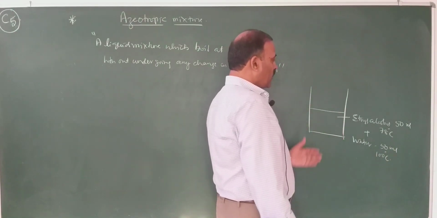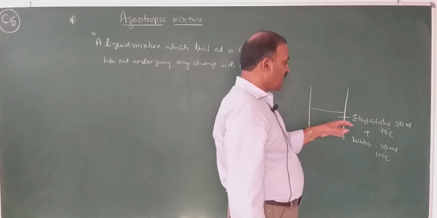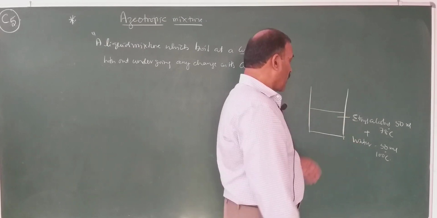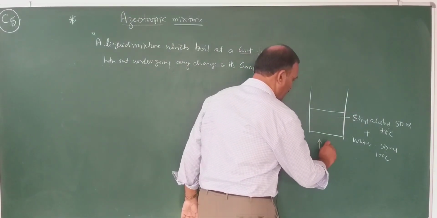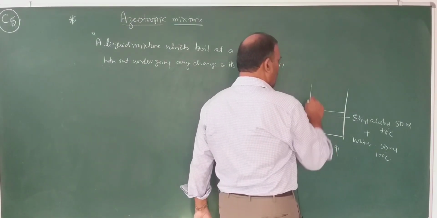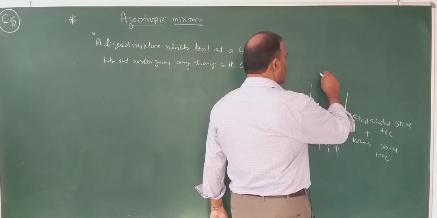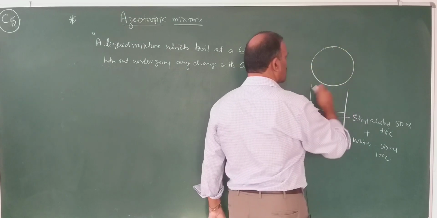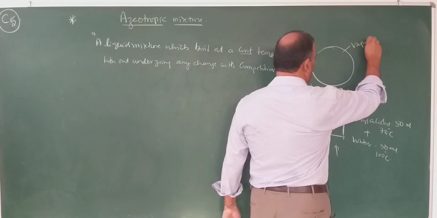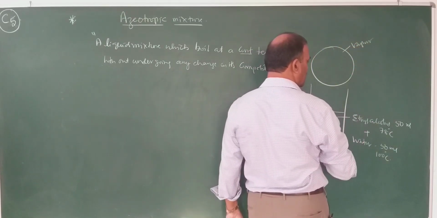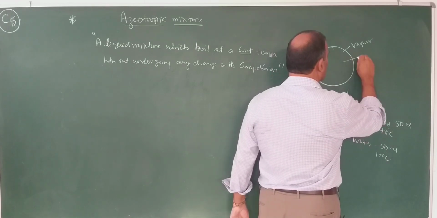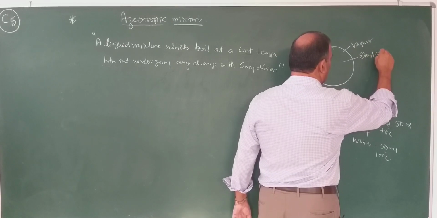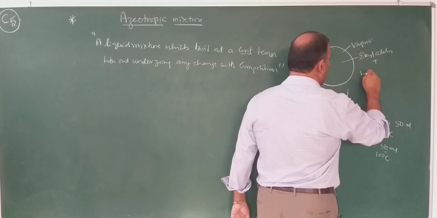So when this liquid mixture which contains equal volumes of ethyl alcohol and water is heated, what happens? The liquid boils, you will get the vapors of the mixture. So this vapor contains ethyl alcohol plus water.